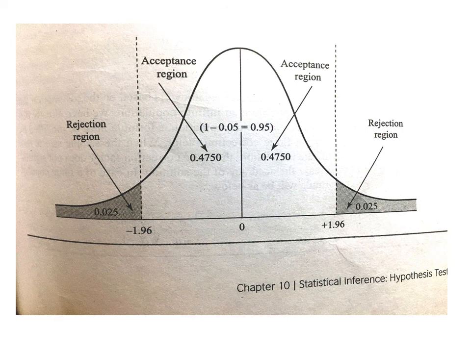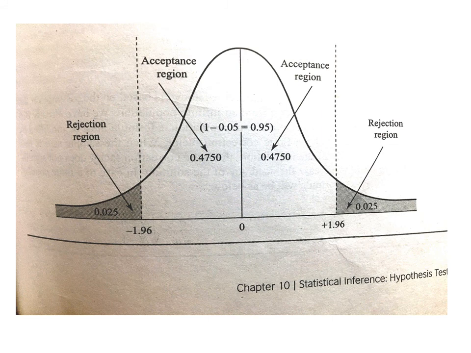Now, if we see this graph according to the example in this presentation, the observed Z value, which is calculated with the help of the Z test, is equal to 11.79, which is greater than plus 1.96. So that value lies in the rejection region, and so we reject the null hypothesis.